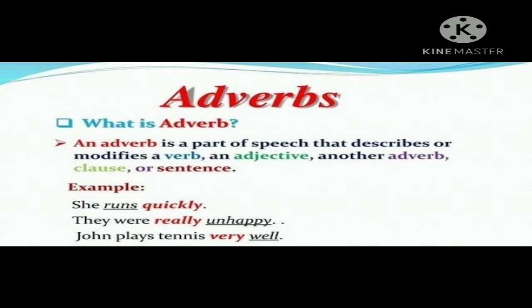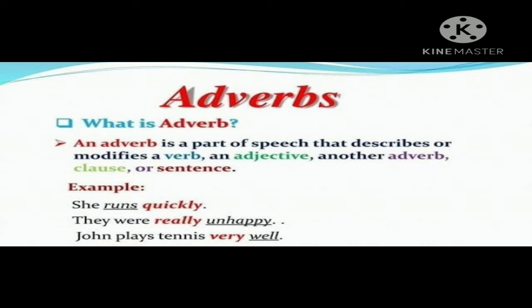Next example, "John plays tennis very well." Here, well is the adverb which describes the verb plays. How does John play? Well. So well is the adverb here. But the word very describes the word well, which is an adverb.